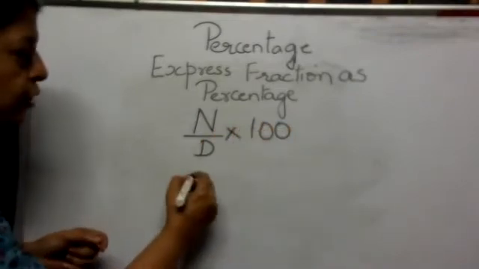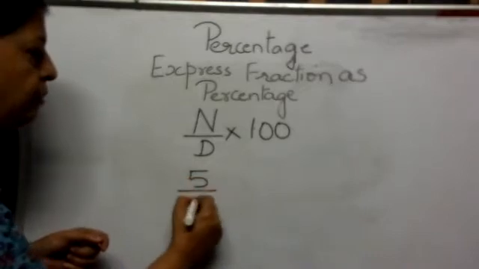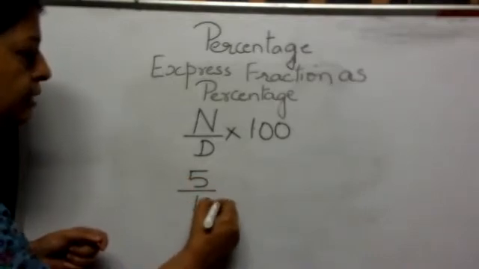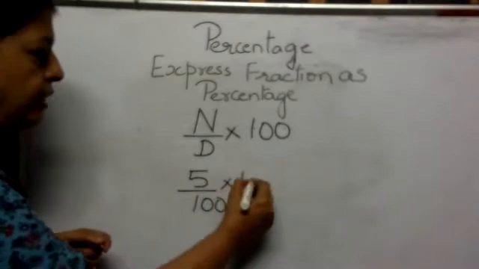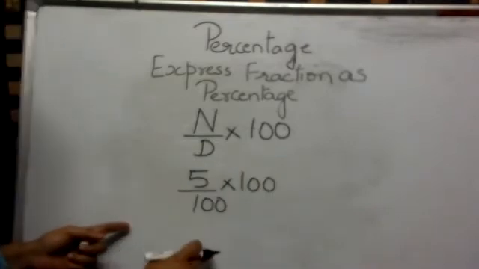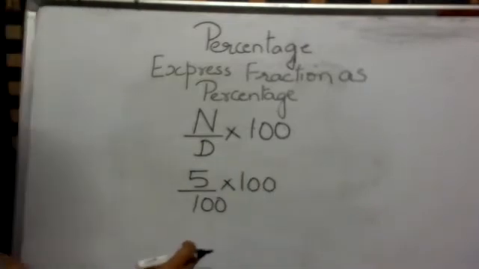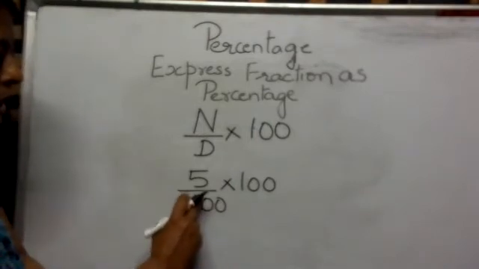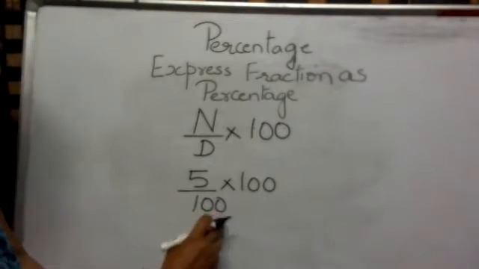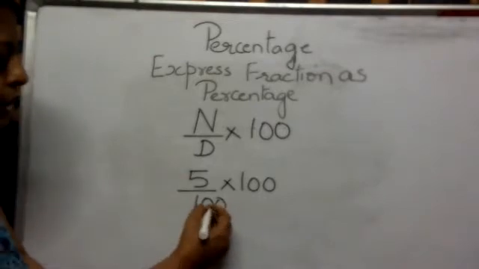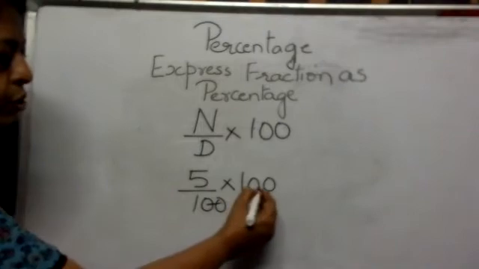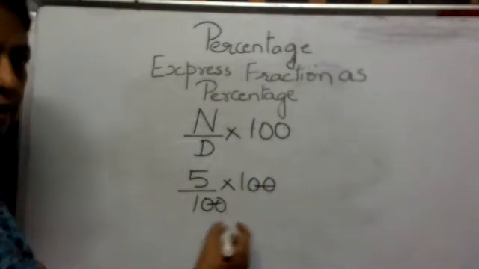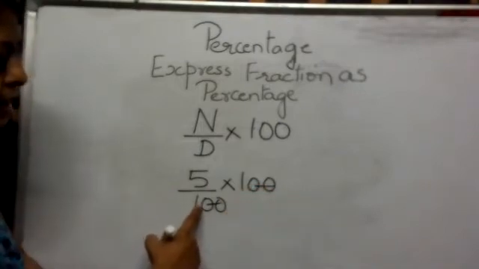Okay, children? Numerator is 5 and denominator is 100, into 100. See the same sum, I have shown it by using this formula. Now, 100 is the denominator, so we can cancel these 2 zeros, because we are dividing.